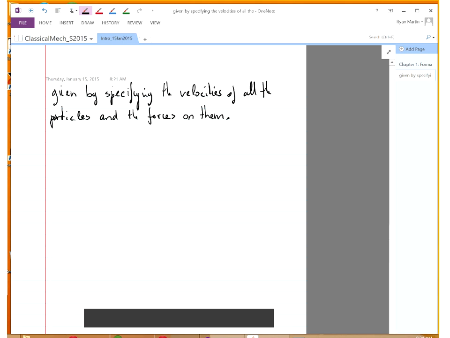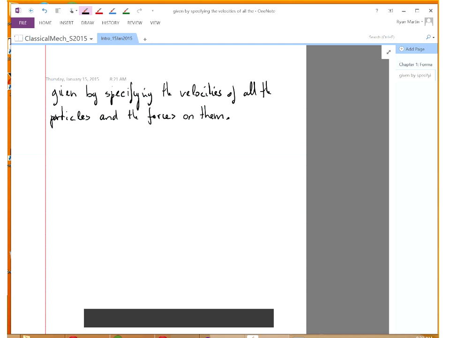Okay? So you have a system, let's say that system is a cannonball, and it's somewhere in the air. You can describe the system by saying where the cannonball is, and you can know where the cannonball will be by knowing its velocity and the forces, say gravity, that are exerted on it.